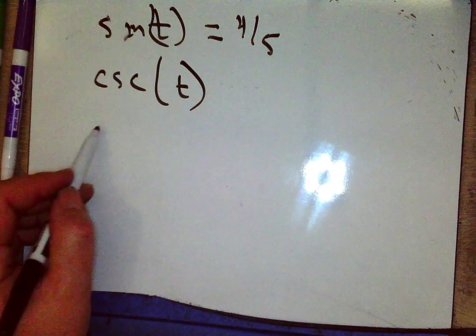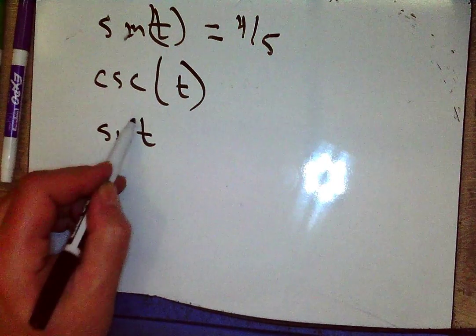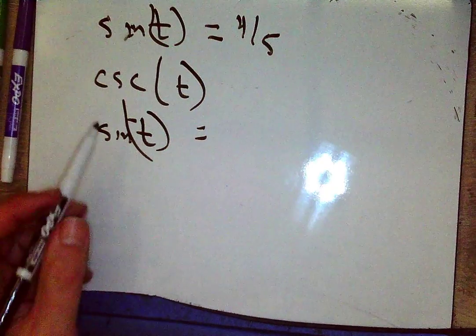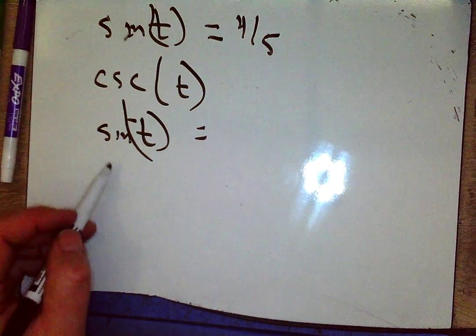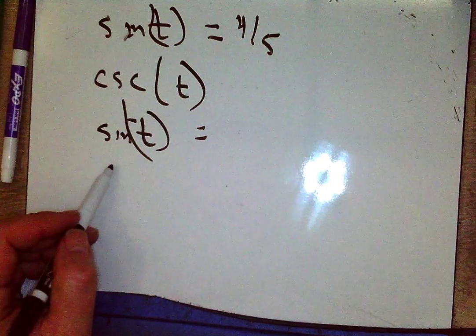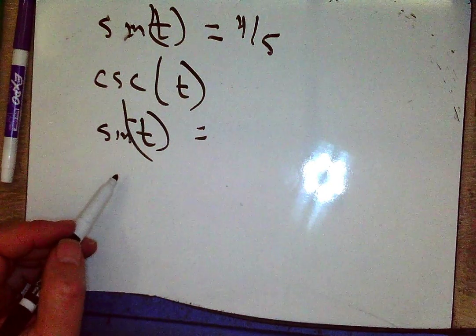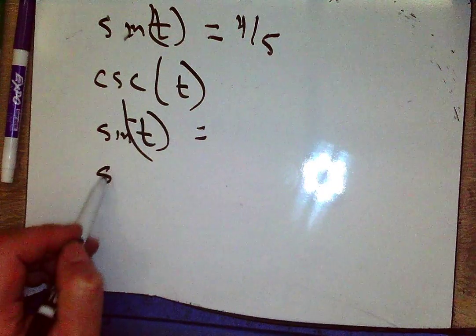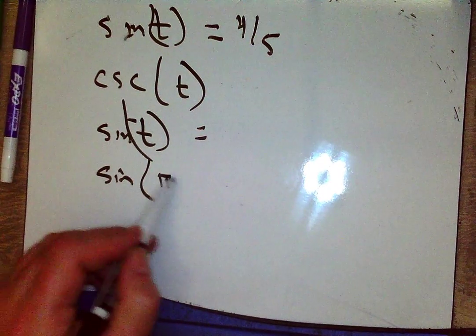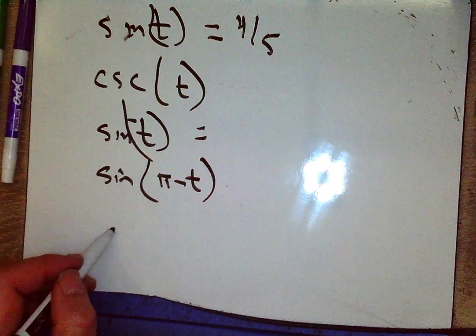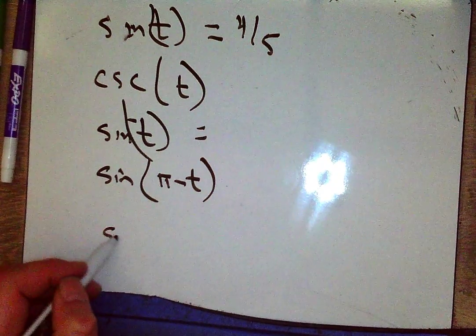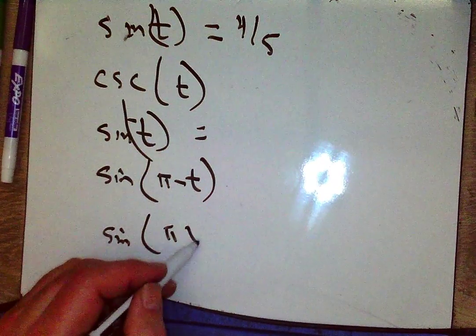Will you tell me what the sine of negative t is? Will you tell me the sine of pi minus t, and will you tell me the sine of pi plus t?